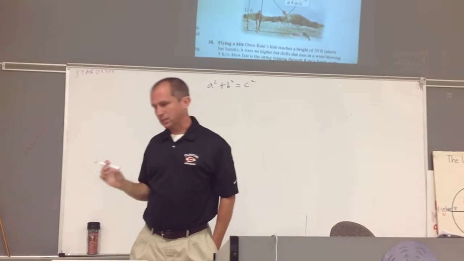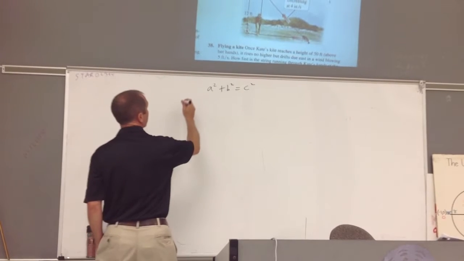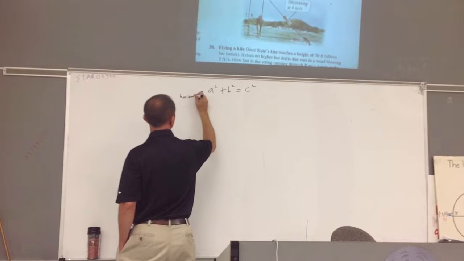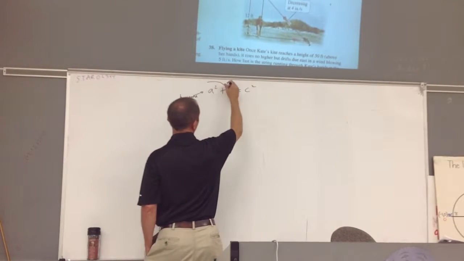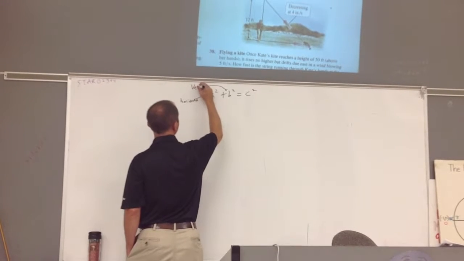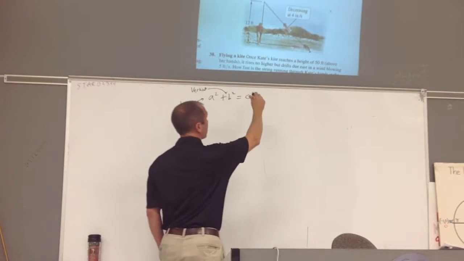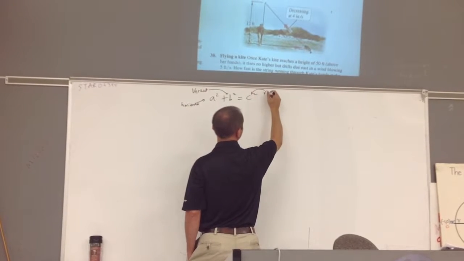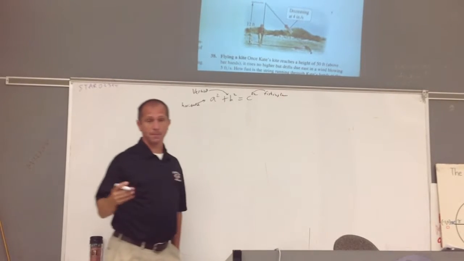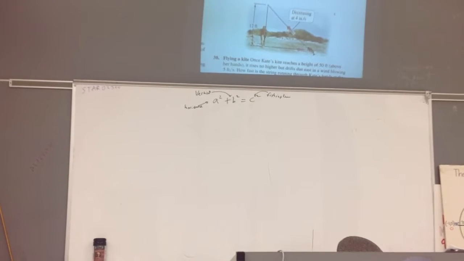Now, as far as this problem is concerned, I'm going to let a represent horizontal, b is going to represent vertical, and c will represent the fishing line, which would be the hypotenuse. Are y'all good with that? All right. Now, from this, it's a squared plus b squared equals c squared.